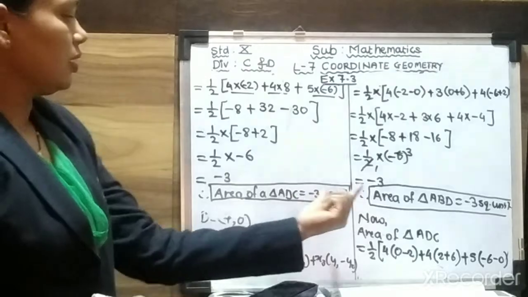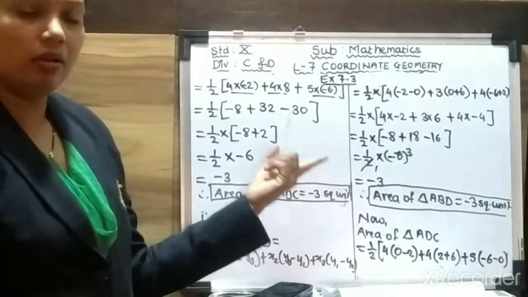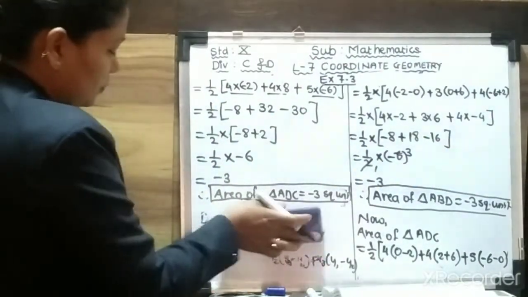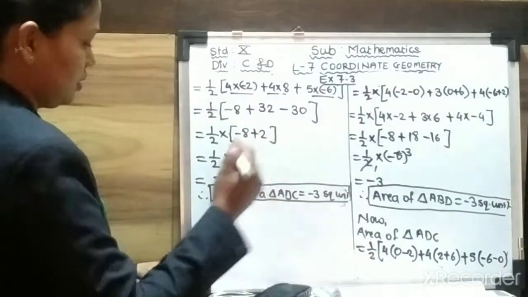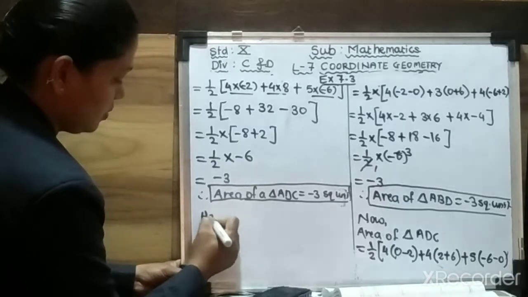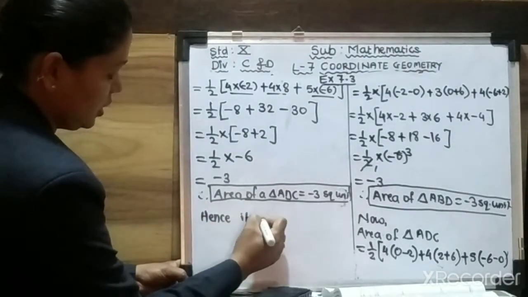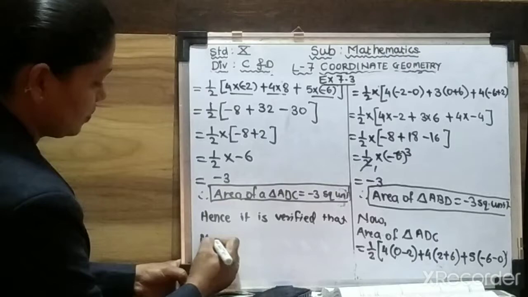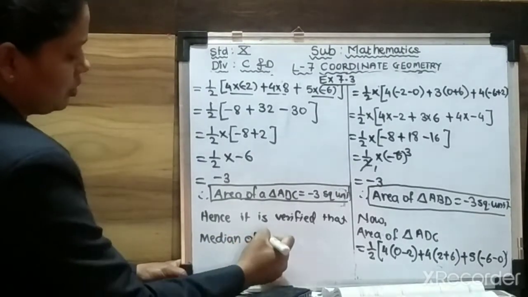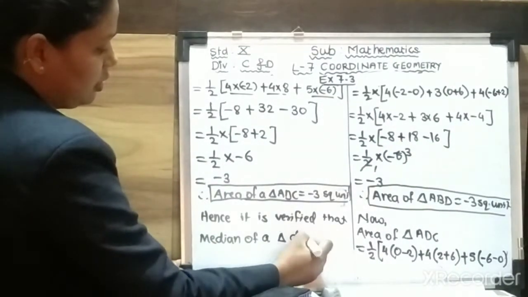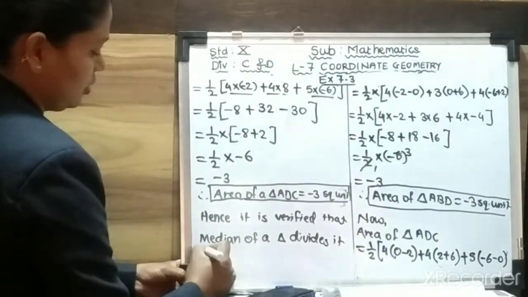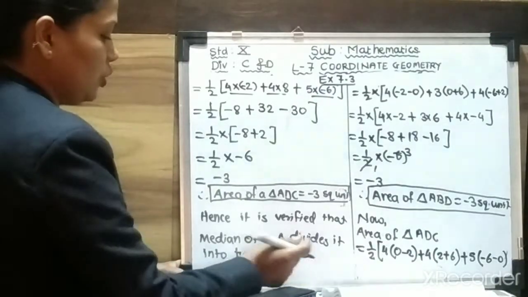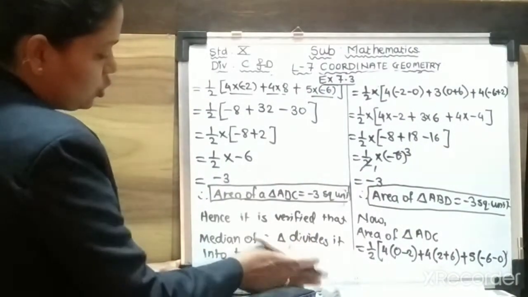So what we will say is that it is verified that the median of a triangle divides it into 2 equal areas, or into 2 triangles of equal areas.